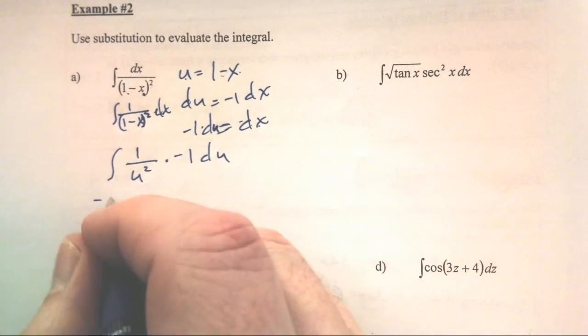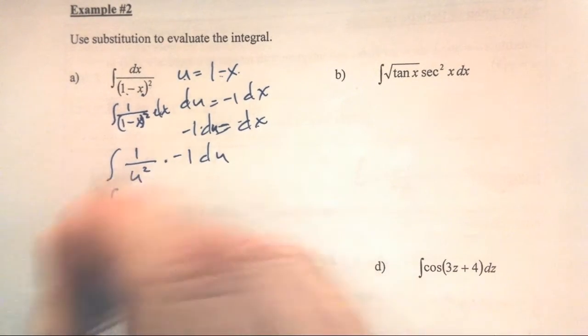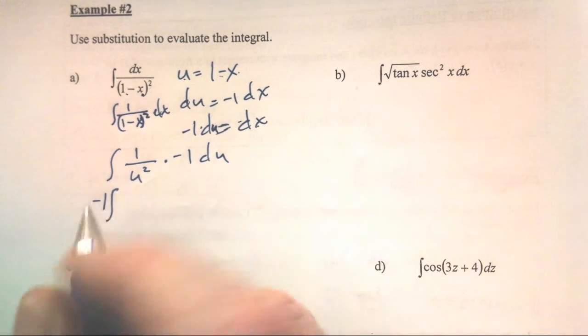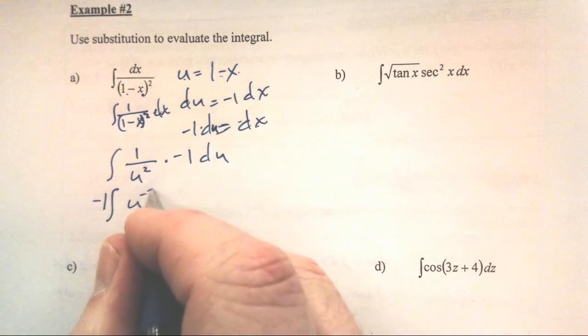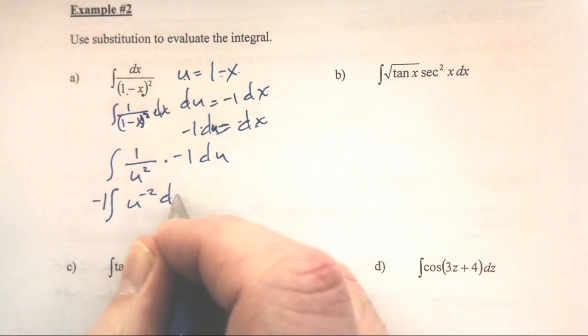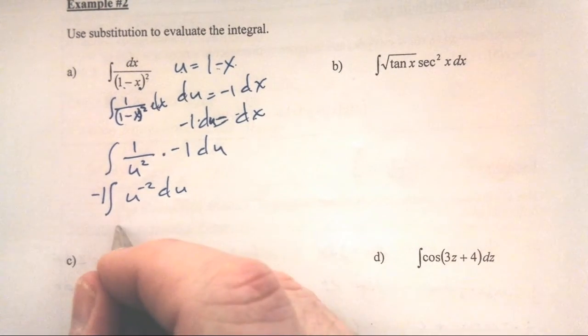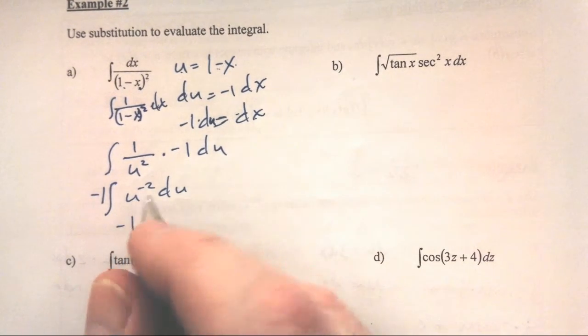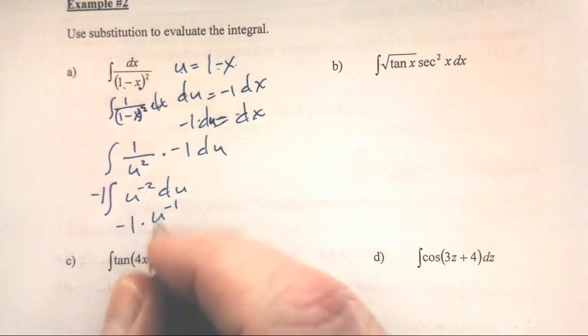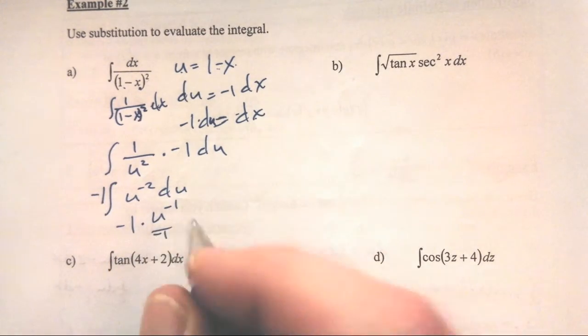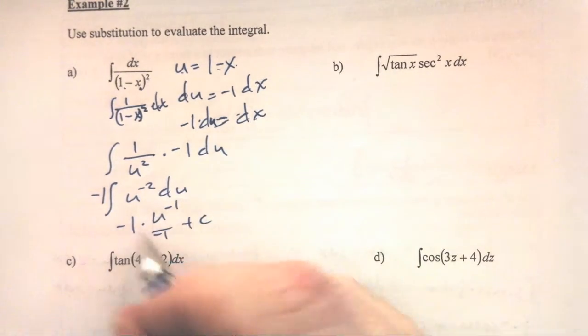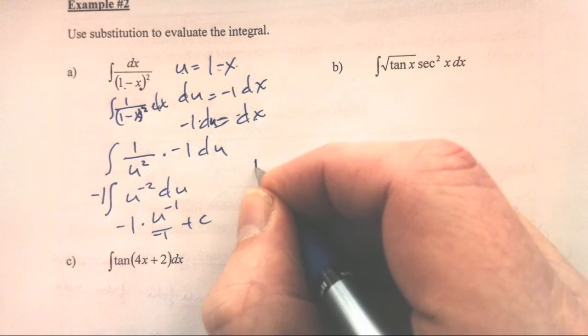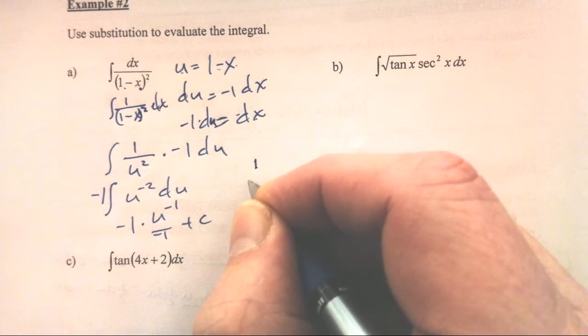I get, clean this up a little bit, a negative out in front, negative 1, times u to the negative second du, and that gets me negative 1 times u to the negative first on the negative 1 plus c. Or negatives cancel, u to the negative first, 1 on u.